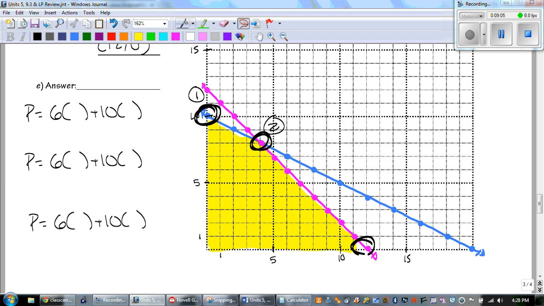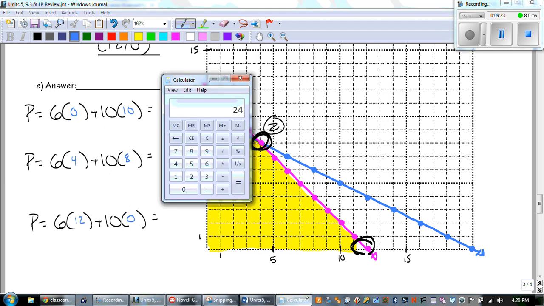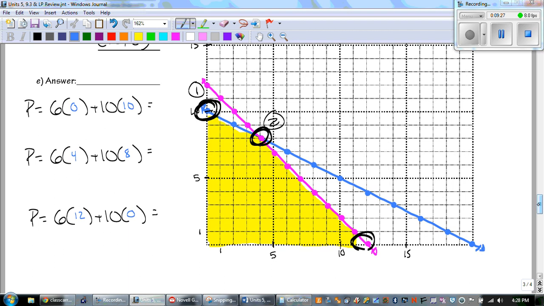So you're going to do that part on your own. Remember, showing your work is all you're really doing is plugging in the numbers. We had (0, 10), we had (4, 8), and (12, 0). Once again, that's why you need the calculator. Go ahead and pause the video. Good luck.